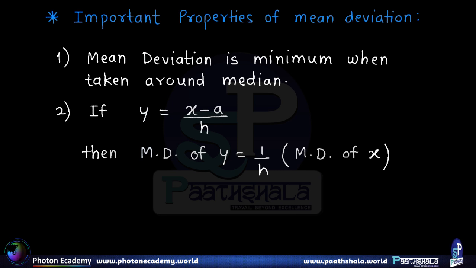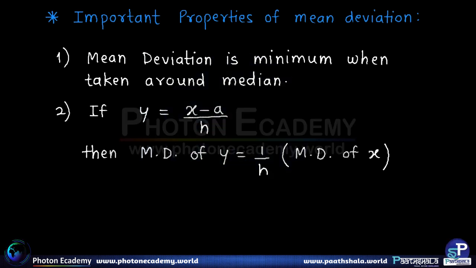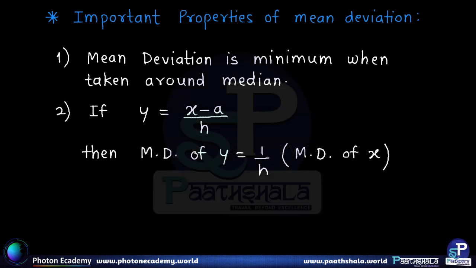And the second property says that if y is equal to x minus a upon h, which is nothing but the step deviation, or we are doing the change of origin and scale, then the mean deviation of y is equal to 1 upon h times the mean deviation of x. So what it means is whenever we are changing one variable to a new variable, then the mean deviation also changes, but it is affected only by the scaling factor.